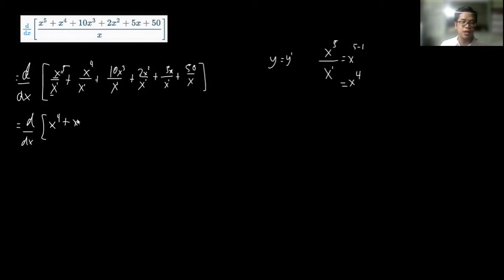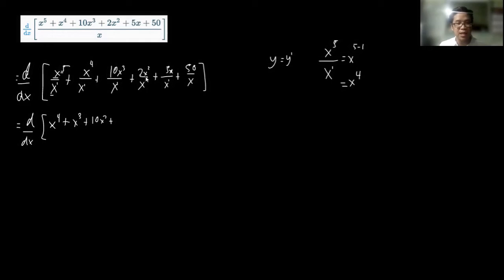Plus x cubed. Here we have x cubed, and then we have an exponent from the x in the denominator as 1. So this is 10x squared. Plus we have 2x squared over x.